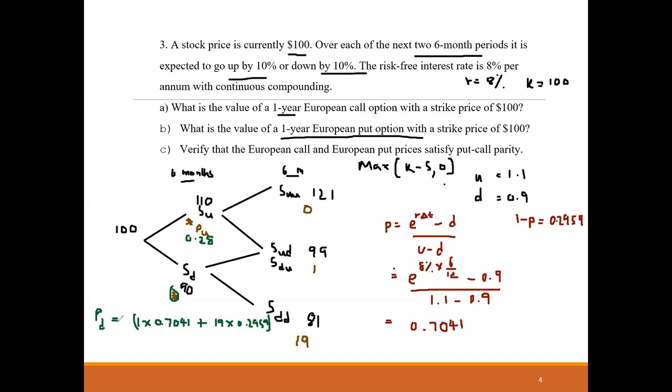So take the present value of that. To get the value at this point in time, take the present value of this, e to the power minus 8% into 0.5.